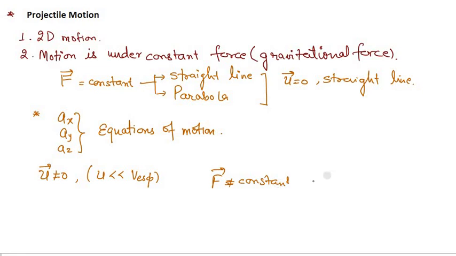So when the force is not constant, or the velocity is comparable to the escape velocity, the possible path is an ellipse. This was the type of motion.